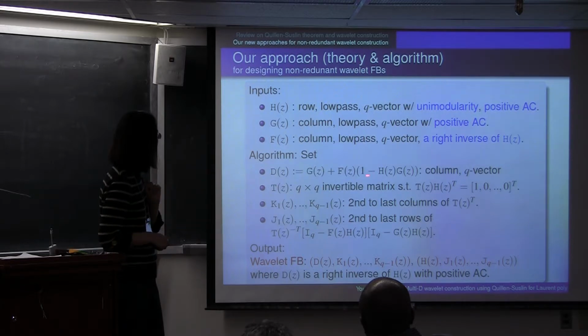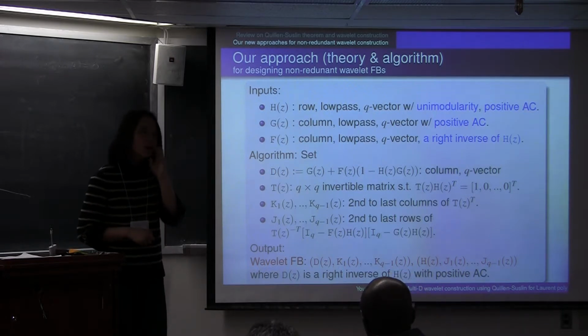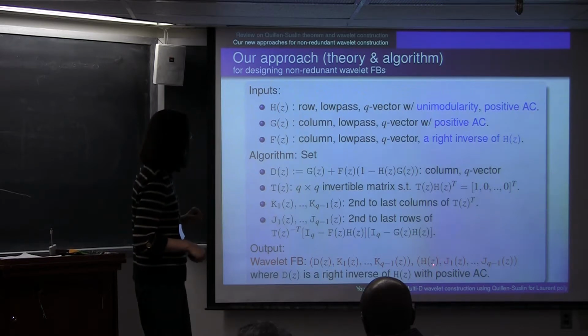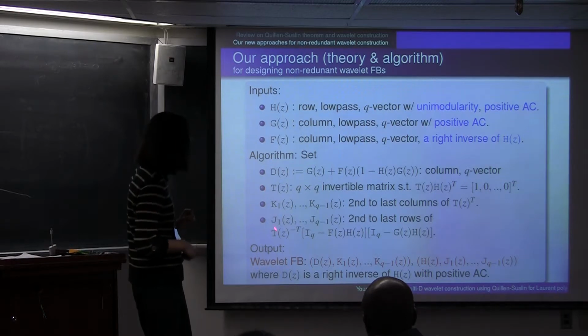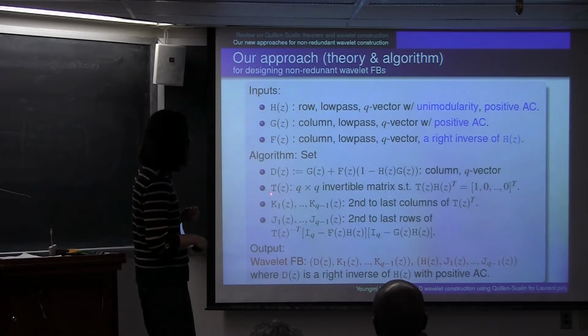Less straightforward is that if you do this, D of Z will always have positive accuracy. So from the Quillen-Suslin theorem and Wiener, if this is a right inverse with positive accuracy, there is no problem of finding this. And we just show how to do that. One way of doing so is written here, and it is using the Quillen-Suslin theorem.